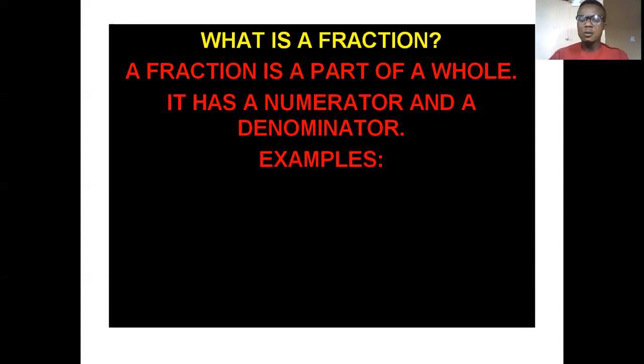So let us see some examples of a fraction. Okay, you can see 1 over 2. The 1 is the numerator, while 2 is the denominator. 3 over 4, 5 over 4, 8 over 3. Those numbers on top are the numerators, while the ones below are the denominators.